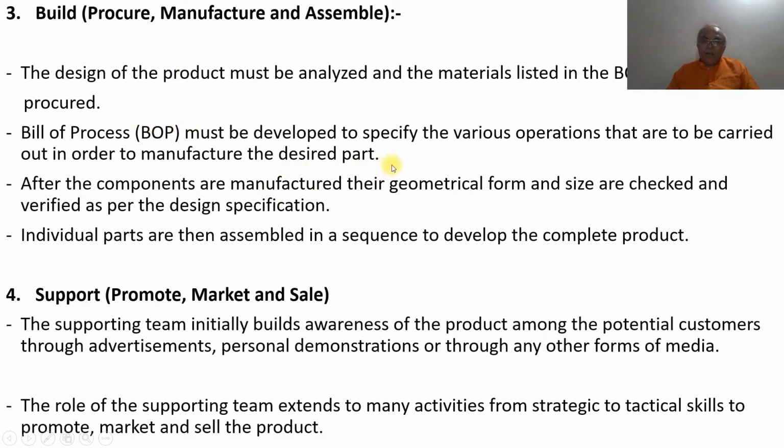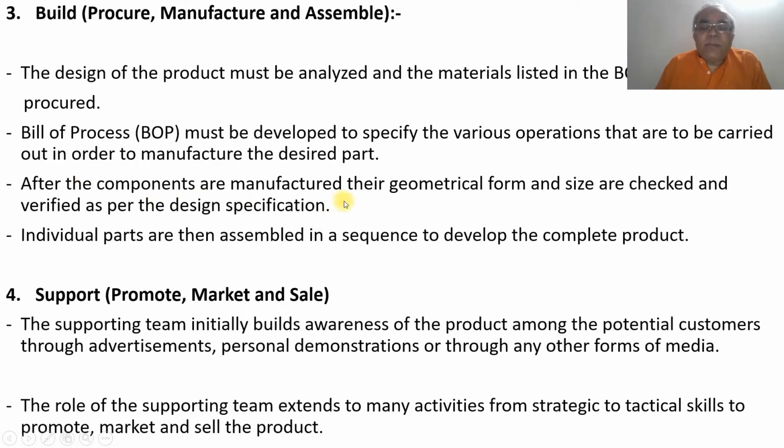This is done by the planning department. Once they do the process, they analyze the time taken for each individual part to be manufactured. Based on that, they allocate the parts to the machines. Once you do that, after the components are manufactured, their geometrical form and size are checked and verified as per the design specification.